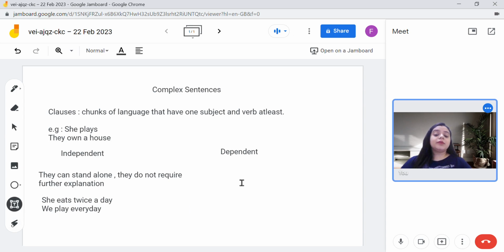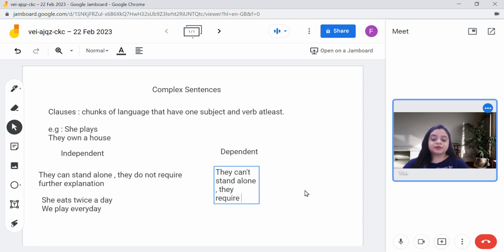Now let's talk about dependent clauses. If I negate what I taught about independent clauses, dependent ones can't stand alone. They require further explanation.